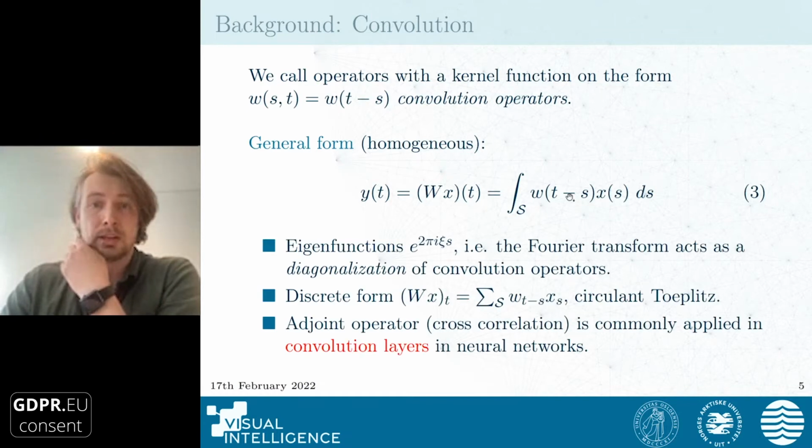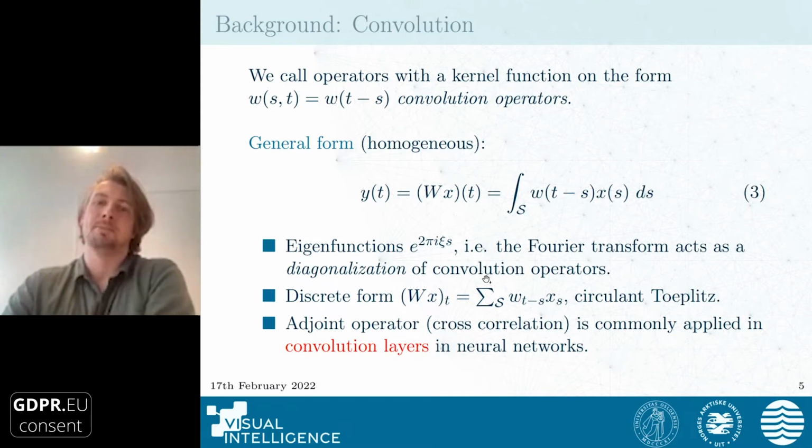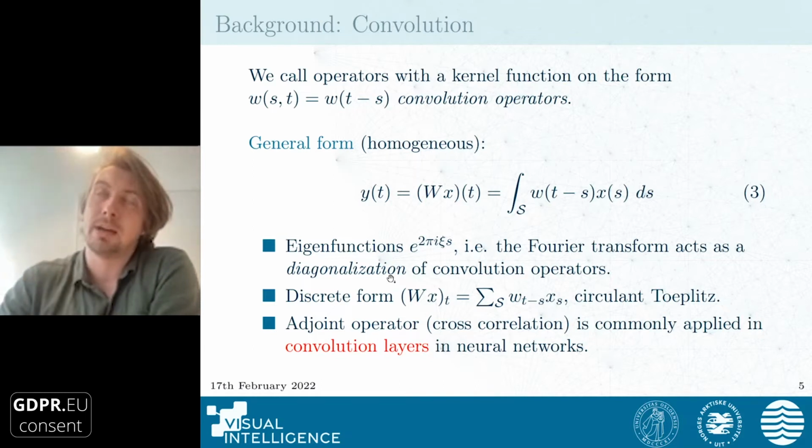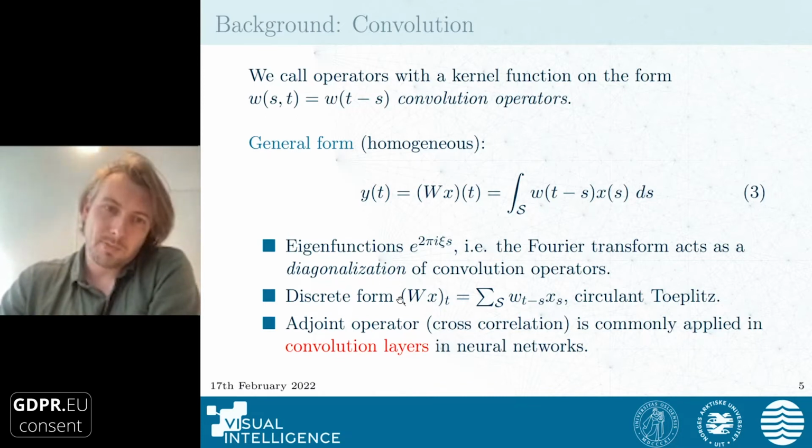Their general form is like this, and their eigenfunctions are the complex exponentials, meaning that they act as a diagonalization. The Fourier transform actually acts as a diagonalization of convolution operators.